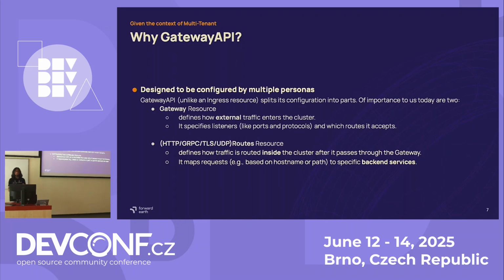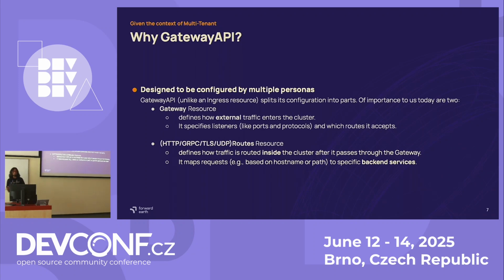That is generally under the ownership of your cluster operator, your platform team, your DevOps team, your SRE team, whoever is in your cluster admins. Maybe even your security team. They define from the outside what traffic should be let in.